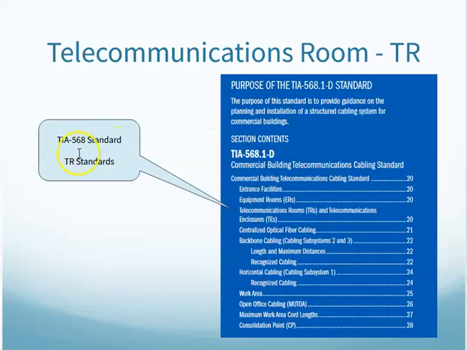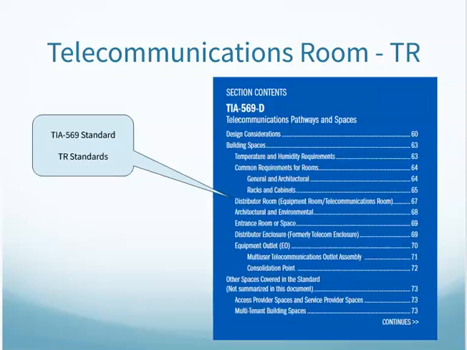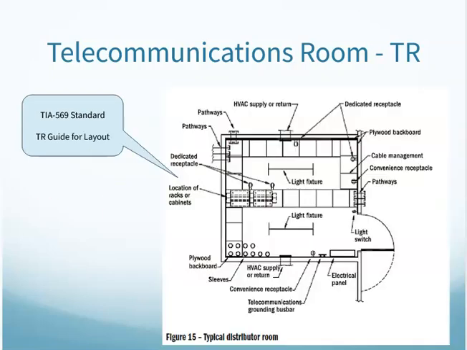Again, if I look at my standards, 568 standard has stuff about telecommunications rooms, what's required, how things should be done. 569 also has requirements for these telecommunications rooms. They call them distributor rooms. There's even guidelines on how that room should be laid out so that you actually have room to get equipment in.